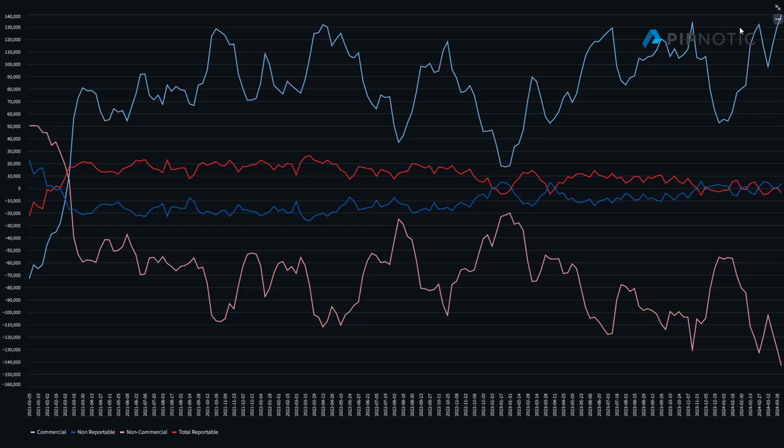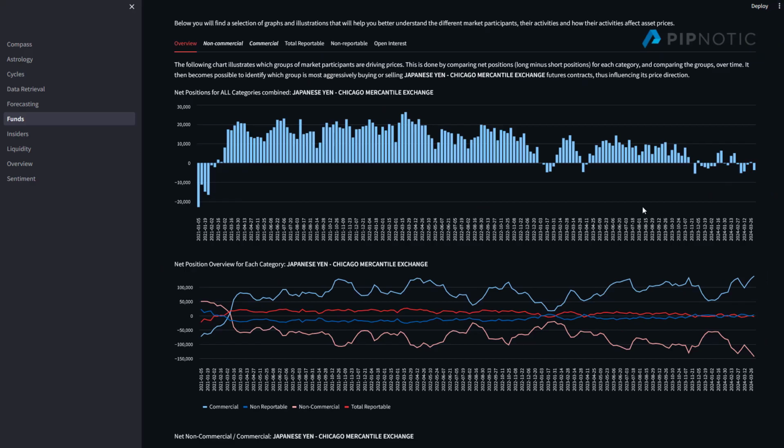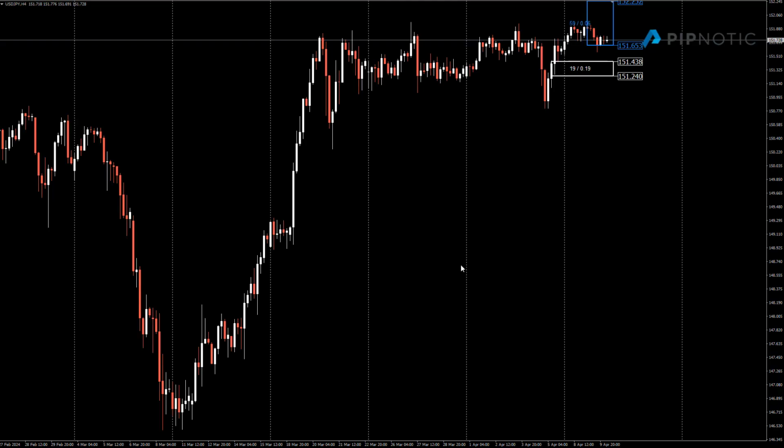Okay, so we are actually 140 on the commercials and 145 on the non-commercials. Okay, this is interesting. We do have a negative bias. This is net. So maybe we can expect the American dollar cross with the Japanese yen to have a correction at some stage, in the not so distant future.